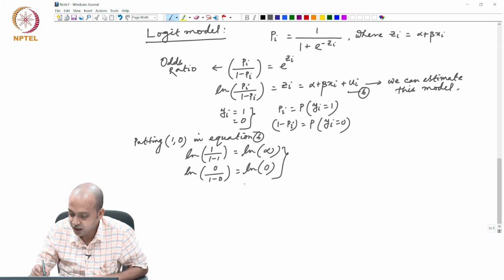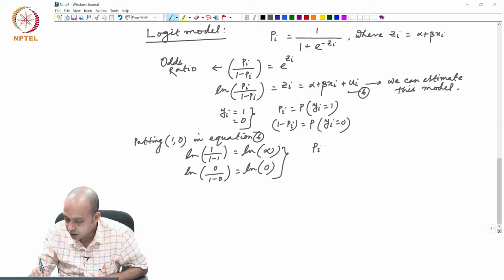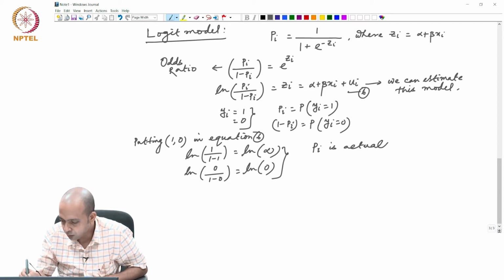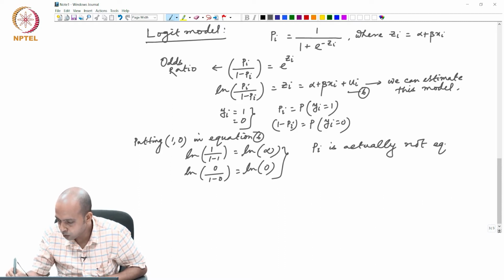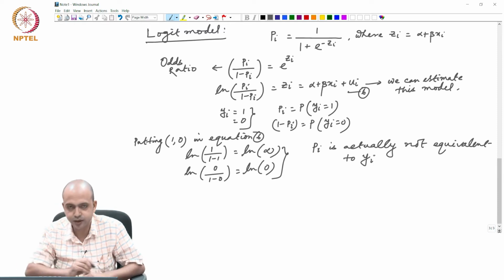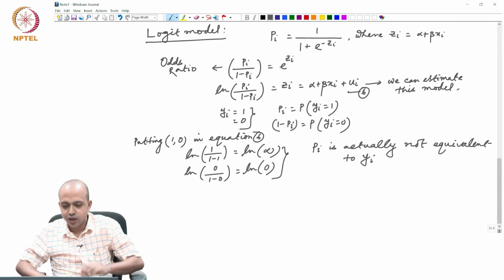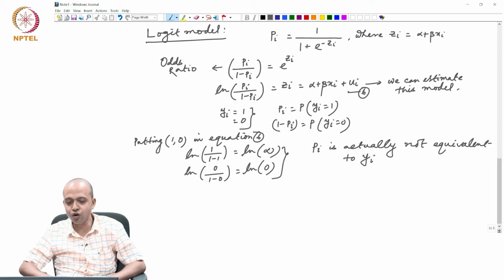So we can say that Pi is not equivalent to yi. That is why we cannot estimate this model using the OLS method, because we do not have information on the dependent variable itself. We cannot put 1 and 0 here.